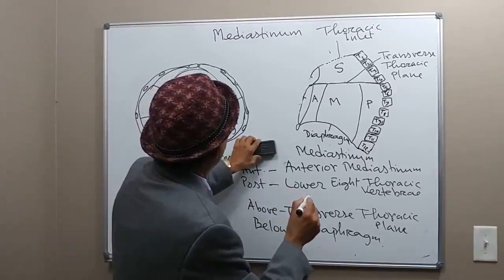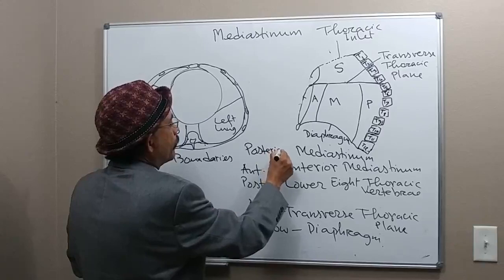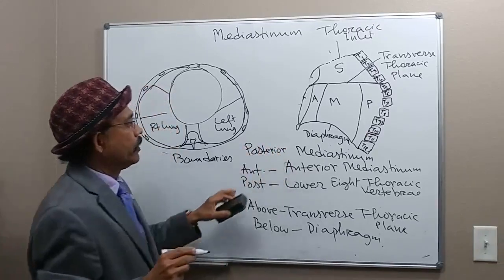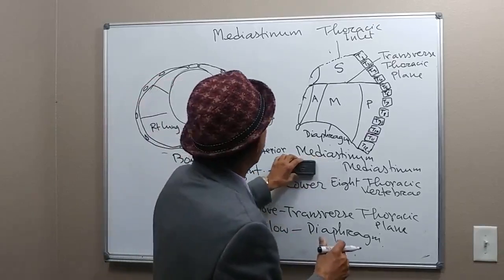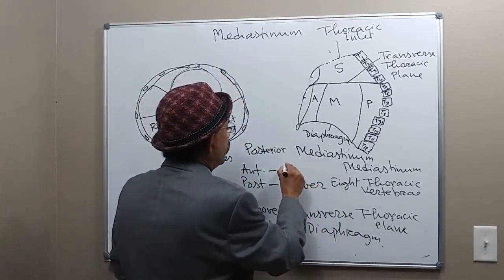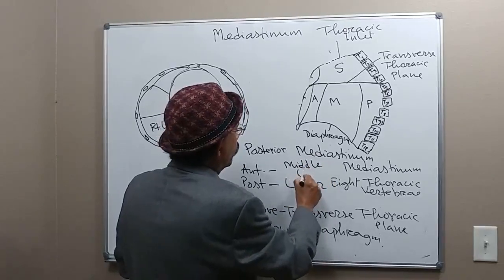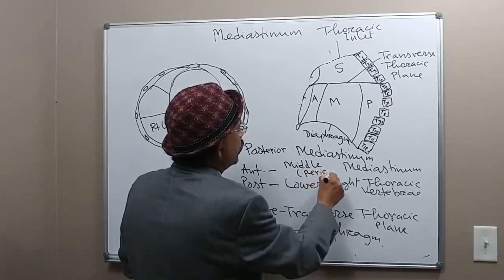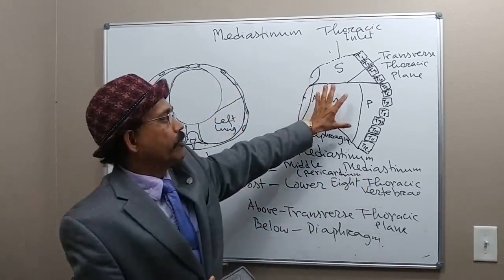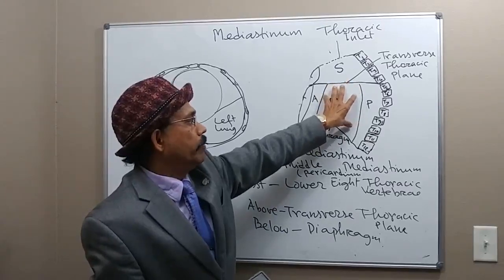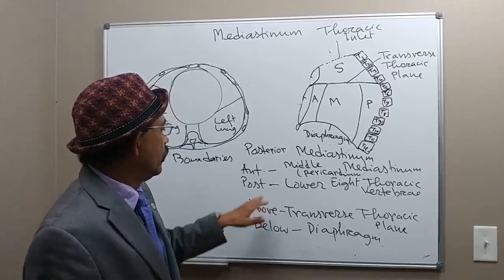Okay, boundaries of the posterior mediastinum. Anteriorly bounded by the middle mediastinum, or you can say pericardium, because middle mediastinum is composed of heart and pericardium and the root of the great vessels.